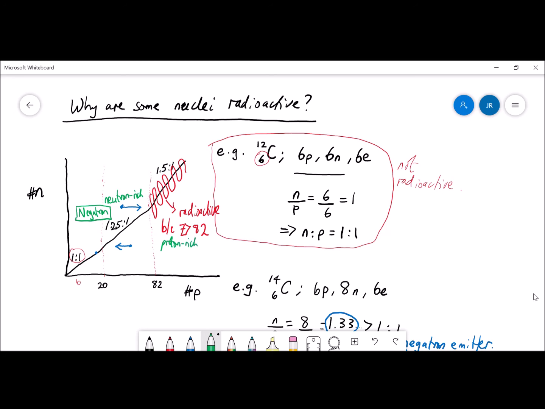So you're trying to go back that way, and you would be a positron emitter. And if you're just big and you're up here, you are much more likely to be an alpha emitter.